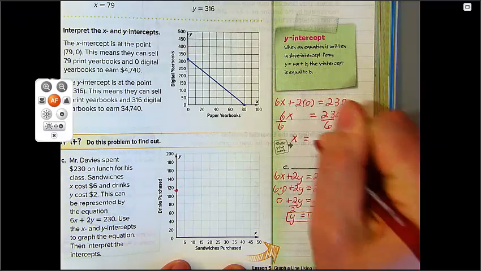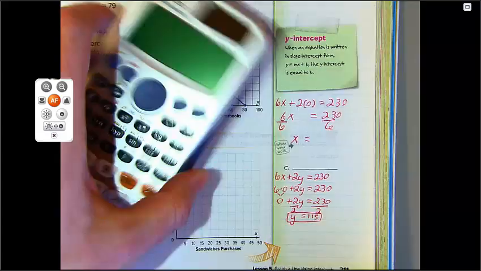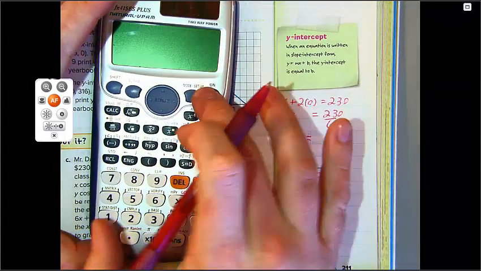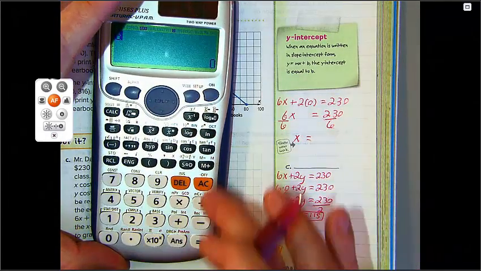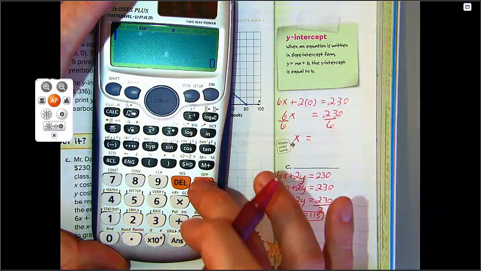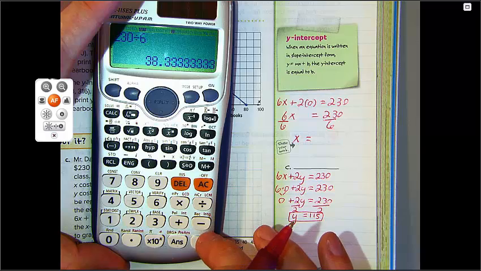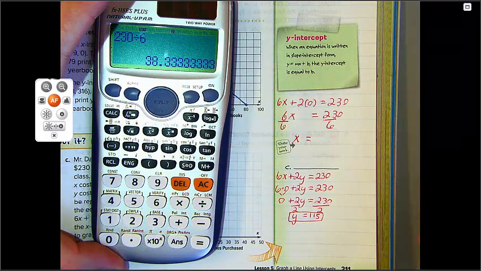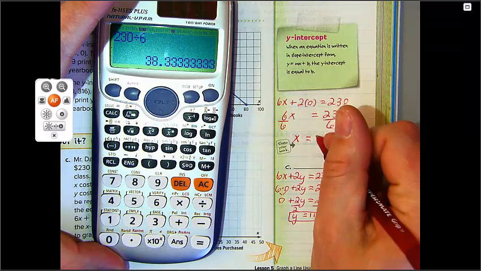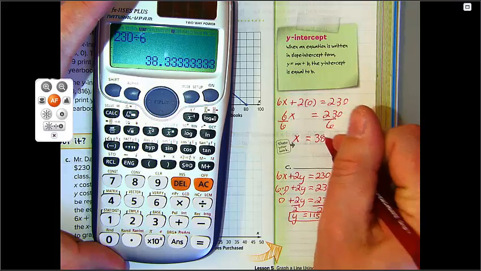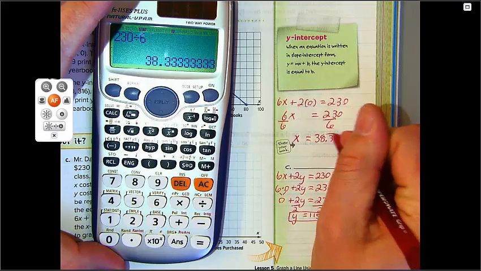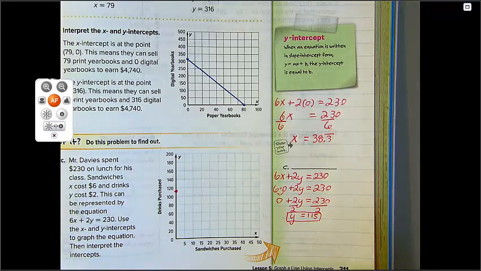You get x equals, and I actually have to use my calculator for that one. So let's see here. 230 divided by 6 equals 38.3 repeating. So we could basically buy 38 sandwiches.